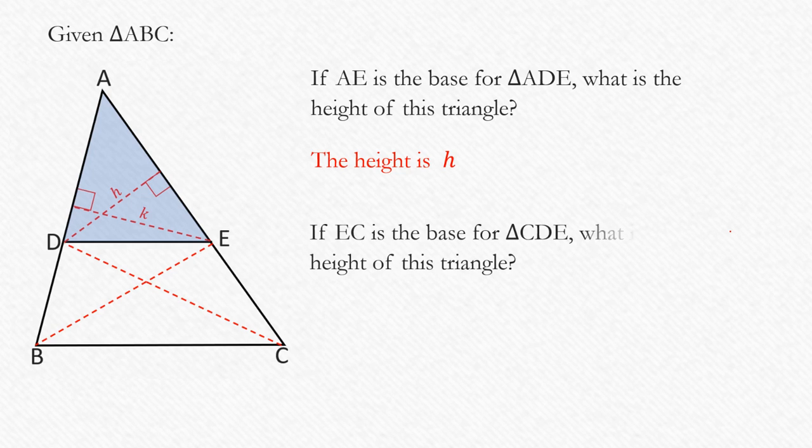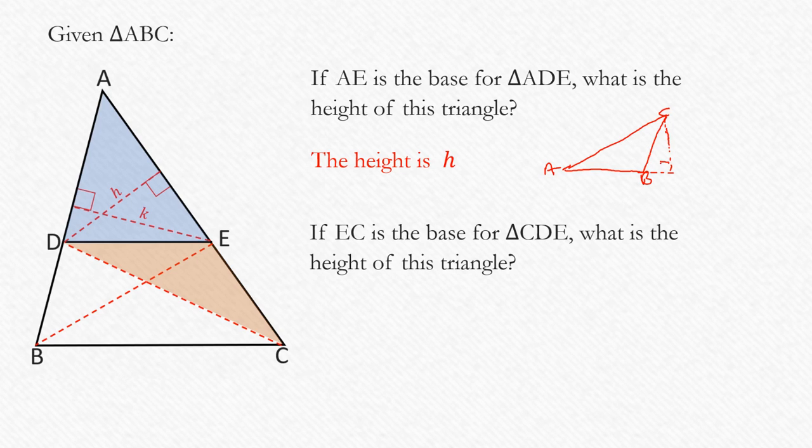And then if EC is the base of triangle CDE, what is the height of the triangle? You see that the height is H, outside the triangle. Remember, we can have triangles like this, where we have a triangle, let's say A, B, C, and then the height is outside the triangle like this.